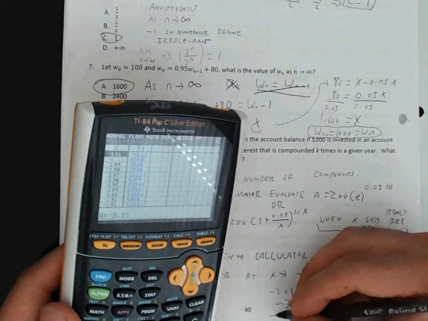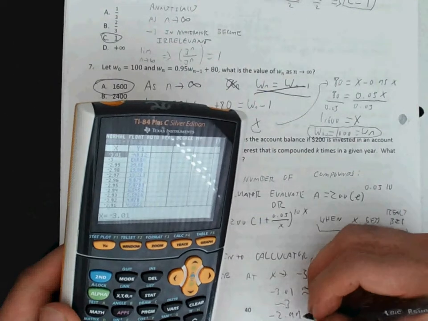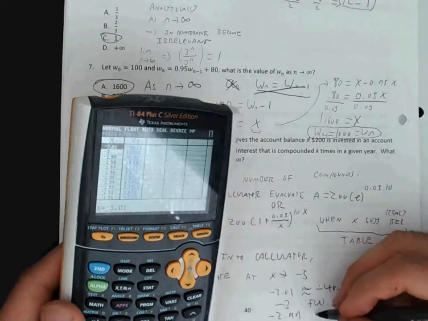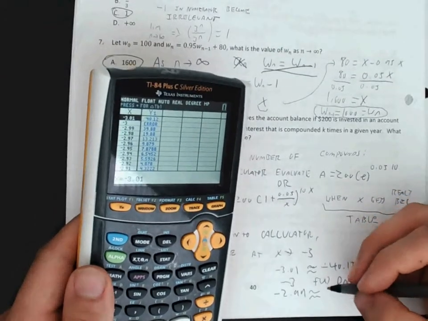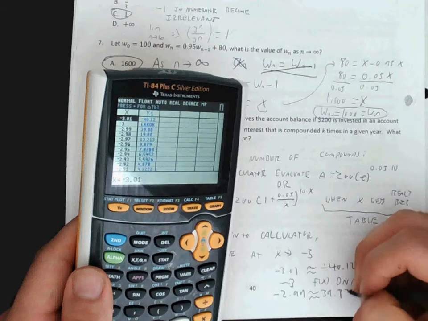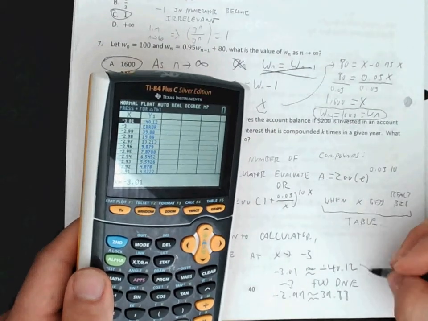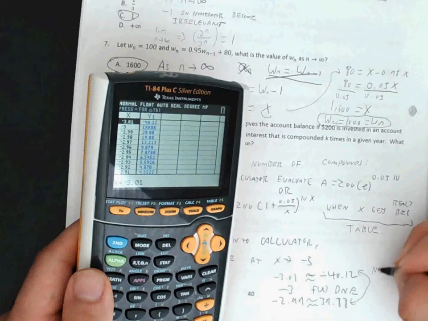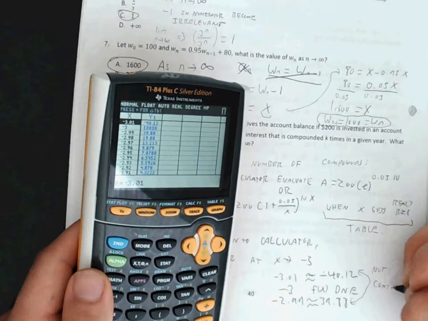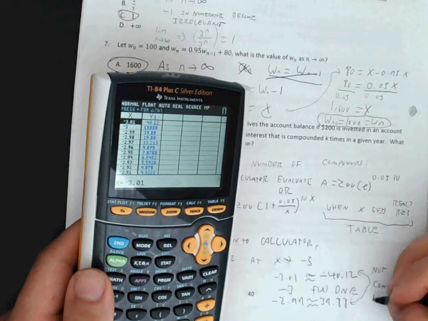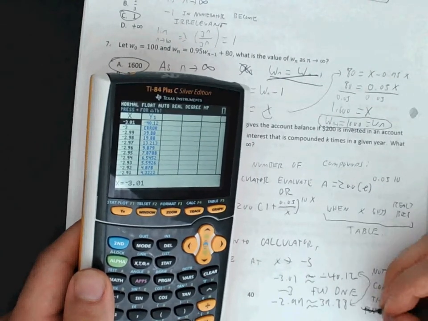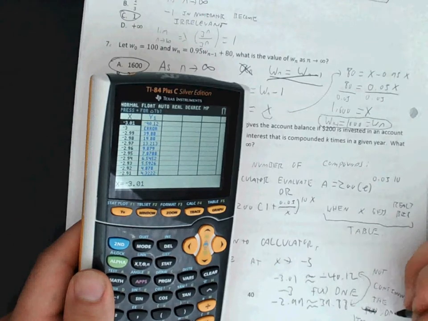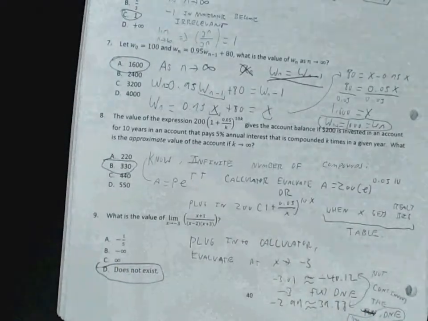At negative 2.99, the function is approximately equal to 39.88. Notice these values are not continuous. So the limit does not exist. Number 9, the limit does not exist.